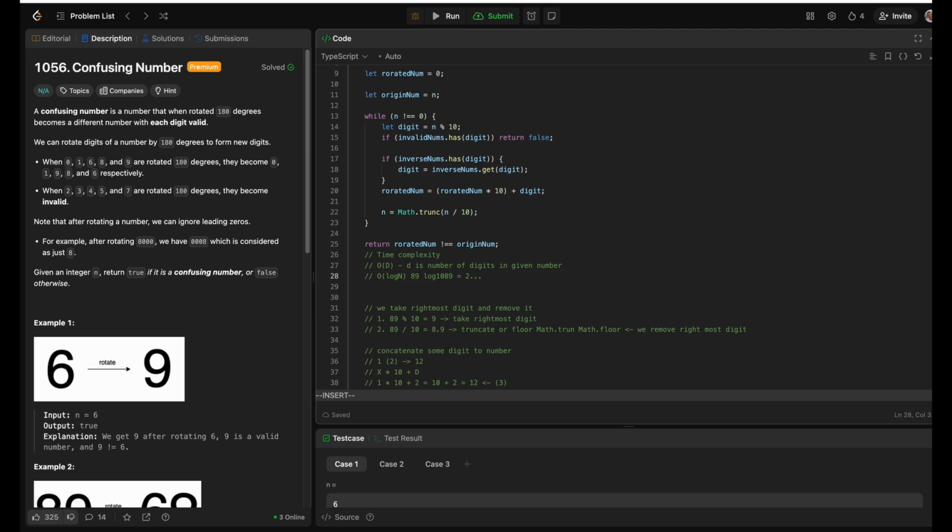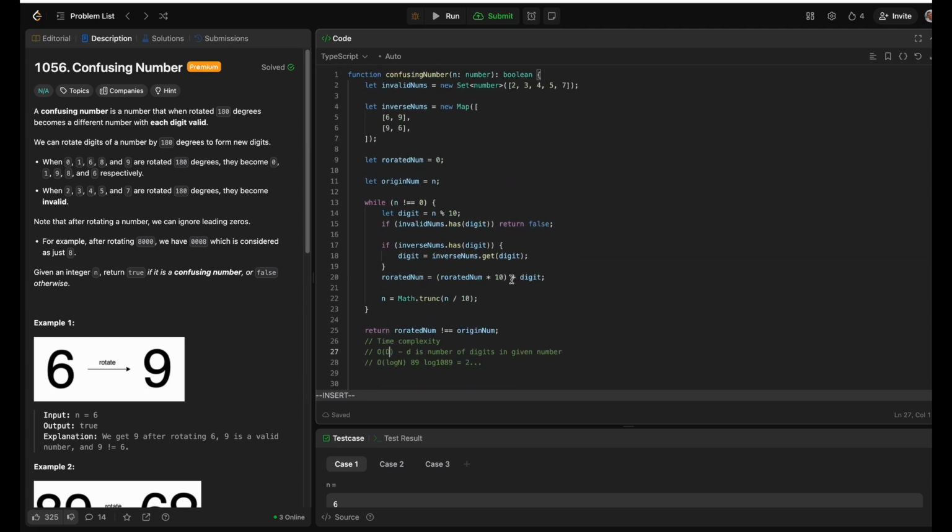And it will be pretty close to the number of operations we are doing. So more formally, it's log n, and at the same time we might say O of d, where d is the number of digits in the given number. But n is the given number itself, so it's not O of n, because n is a given number, it's not a number of digits.